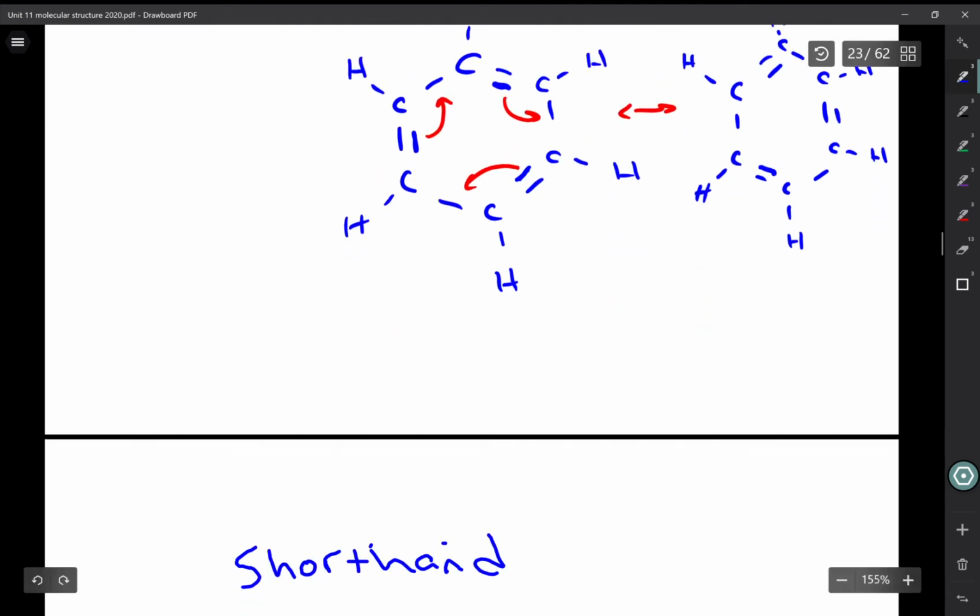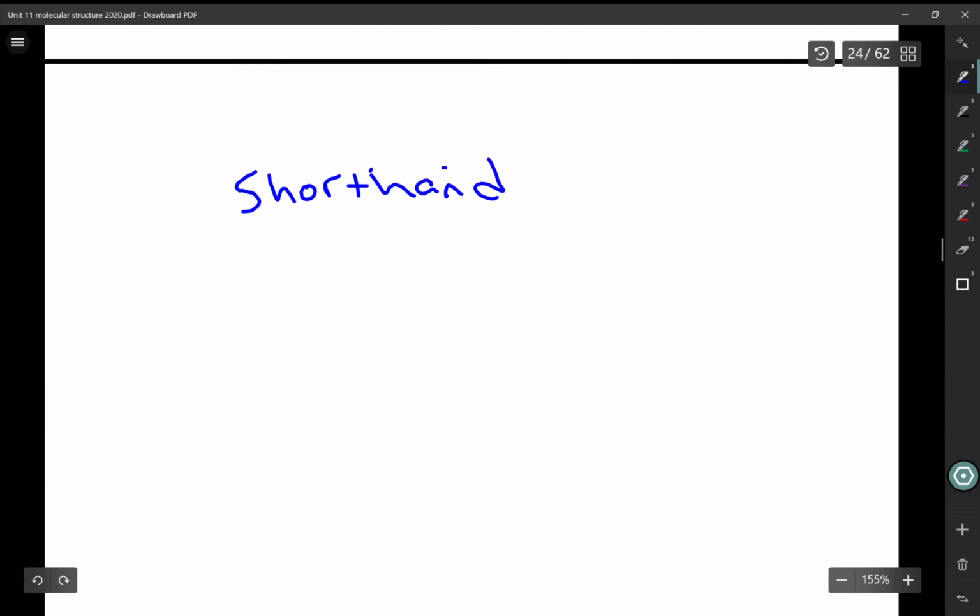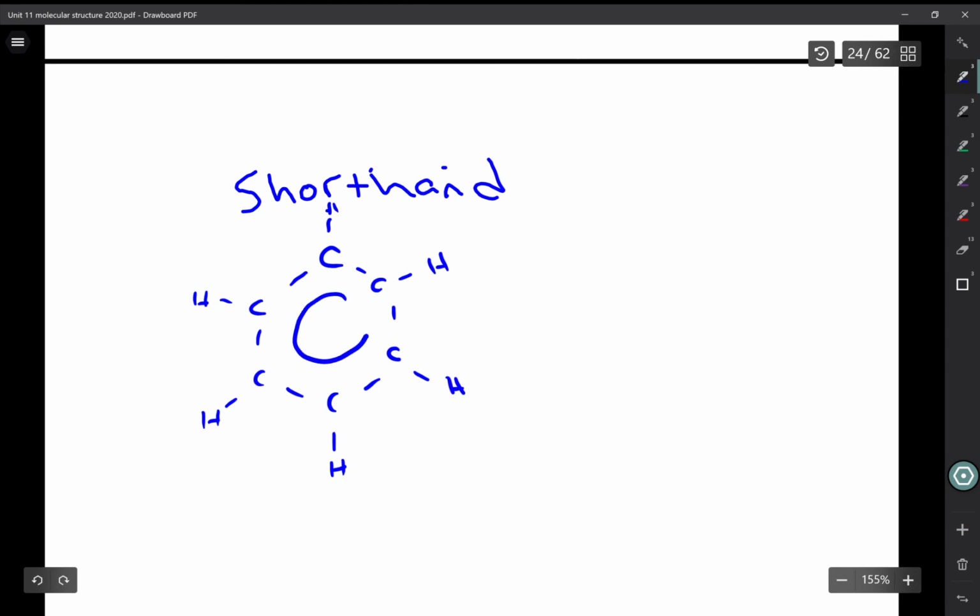So really what you have here is, if you rewrite it, this is the shorthand. And we have carbon, and your hydrogens. What we'll do is just put a circle there.